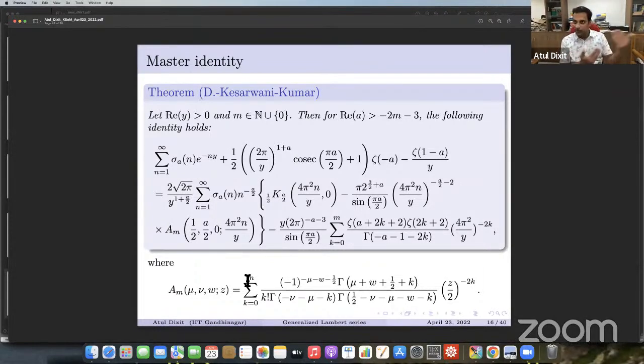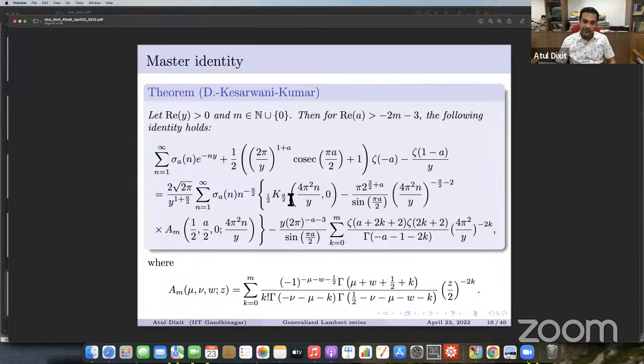With real part of A greater than -1, it is still a valid identity. Now that subtracted part is here. The added part I take outside and I sum with the help of this sigma sub A of n. It becomes a product of zeta functions, right? Everybody knows about this. Still real part of A greater than -1, so this is a valid identity.